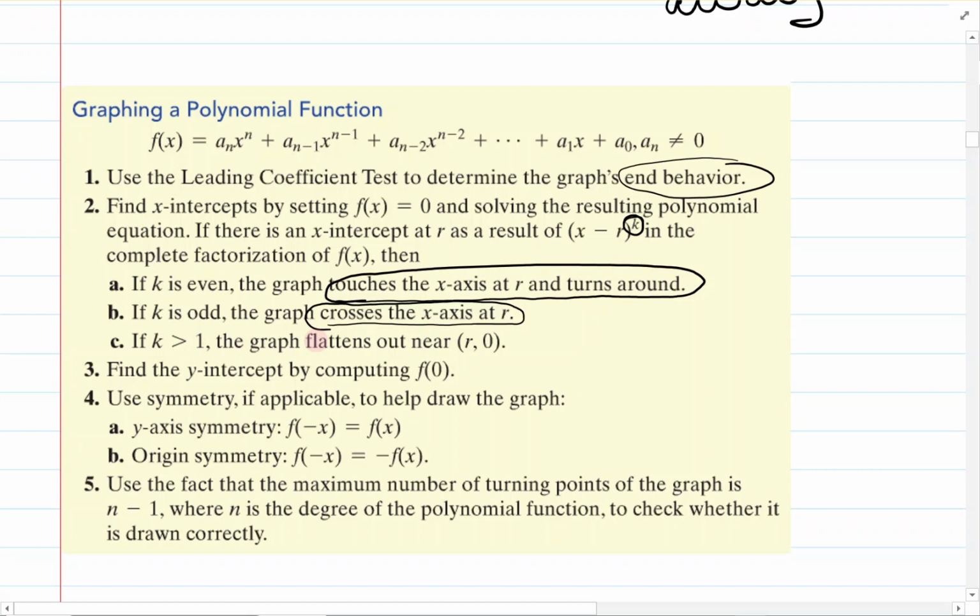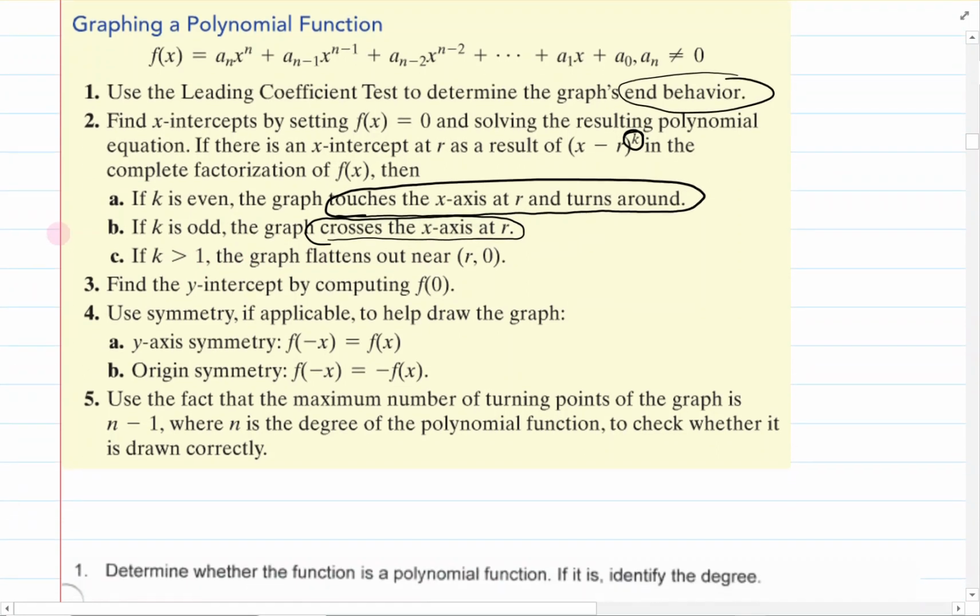If k is greater than 1, meaning the multiplicity gets higher and higher, then it will flatten out near that point. After you have figured out the end behaviors, the x-intercepts or zeros or roots, and know what their multiplicity is doing to each of them, then go ahead and find the y-intercept. Use symmetry if you can to help you out a little bit, and then we will talk about turning points in a few minutes.